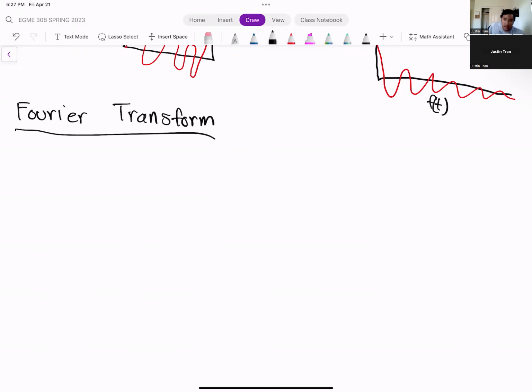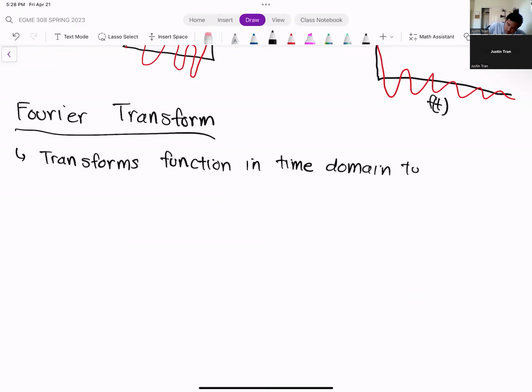Okay. And so the Fourier transform here, this is kind of the official way to take a function in the time domain and transform it into a function in the frequency domain. Okay.